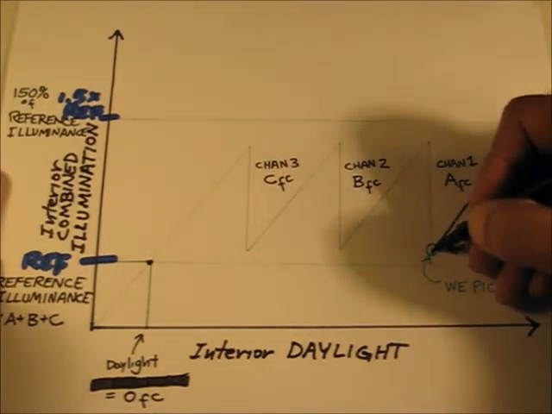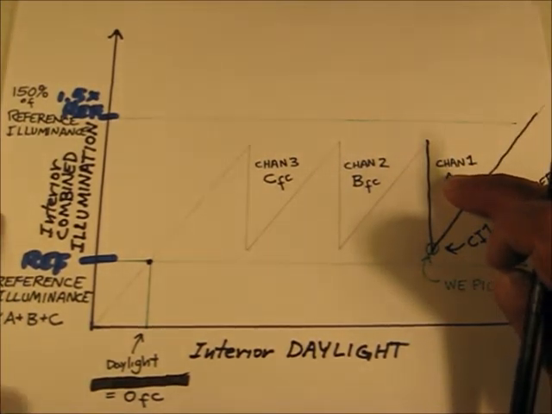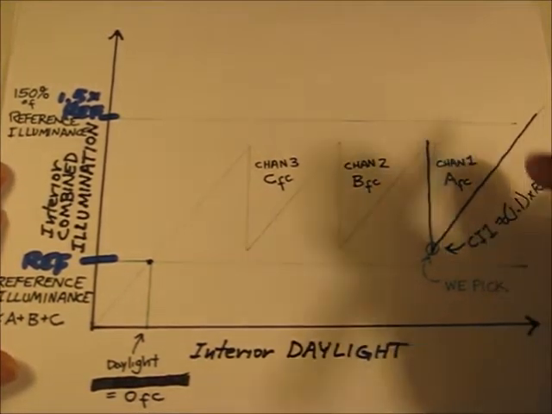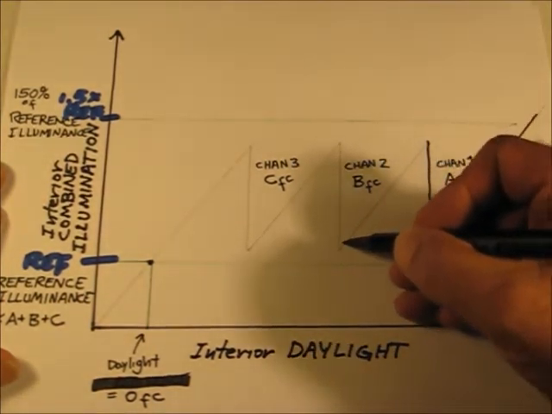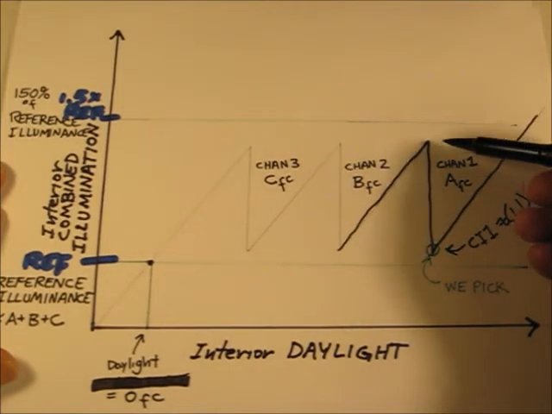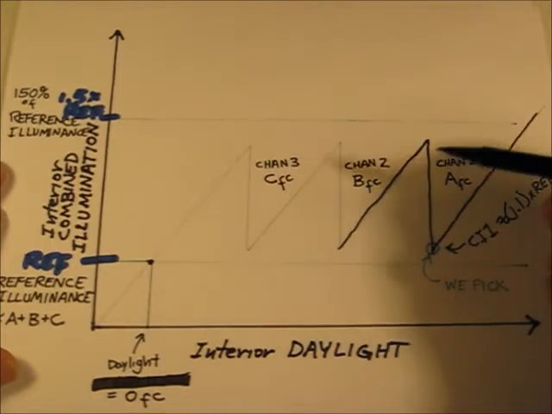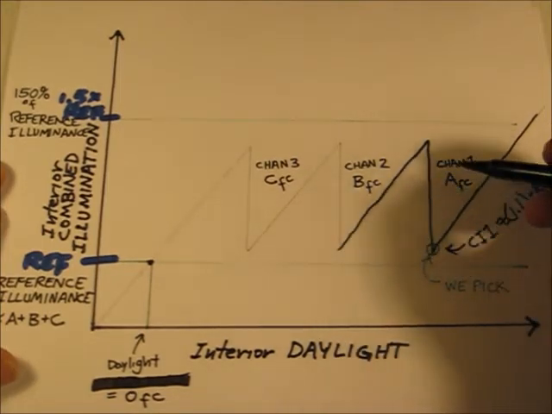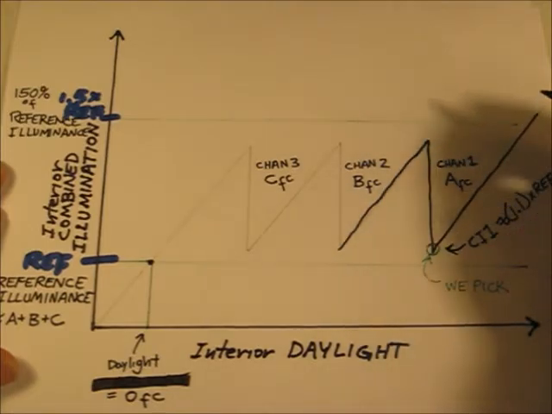Now, when we hit that point that we've selected, we're going to have a stage of lighting turning on. And we need to know what that is. Why? Because our next cut-in point is going to be when the daylight decreases like this, and we want that daylight decrease to be approximately equal to this stage of lights.